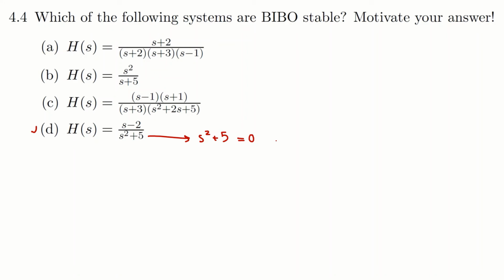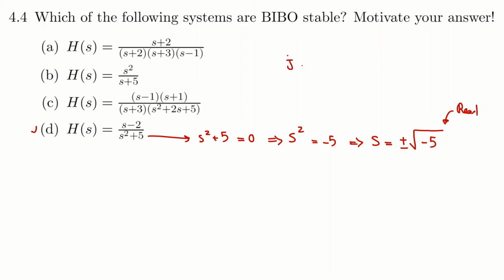If I solve this, then I have s squared equals minus 5, and we can conclude s equals plus minus the square root of minus 5. We know that this can't be a real value. This is a complex value.